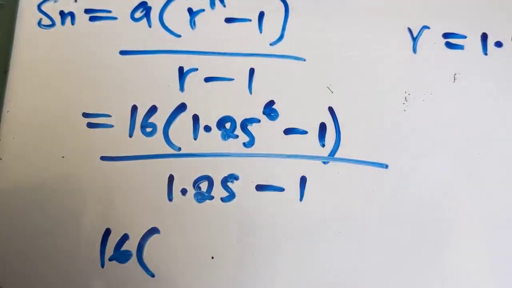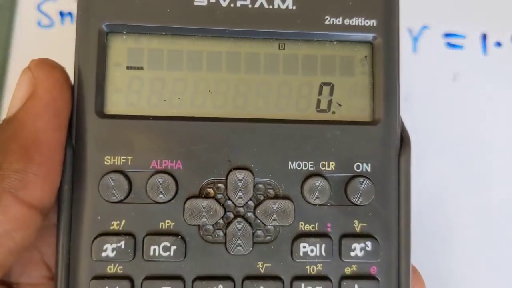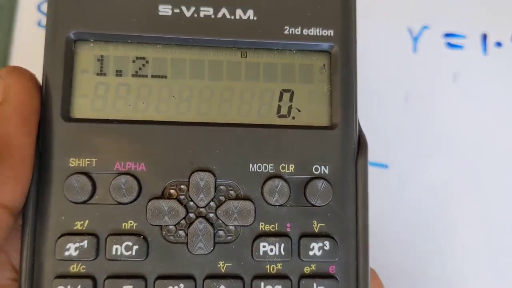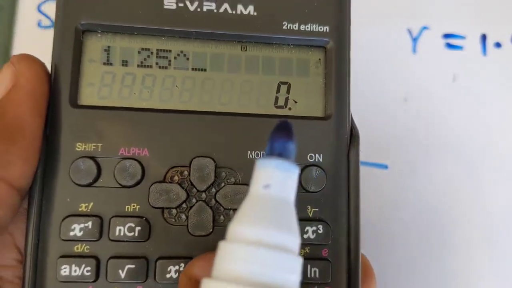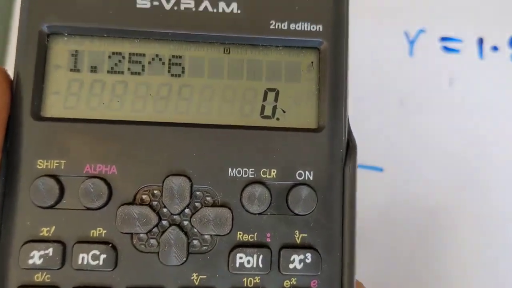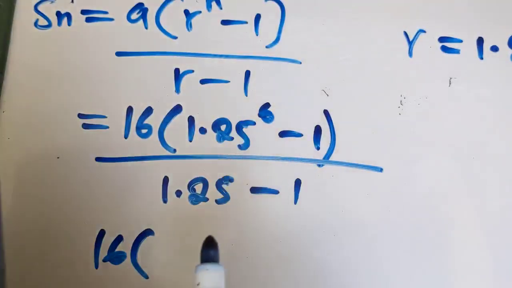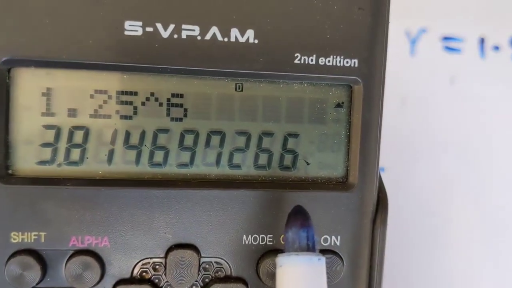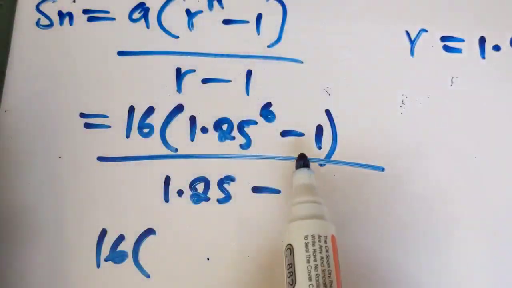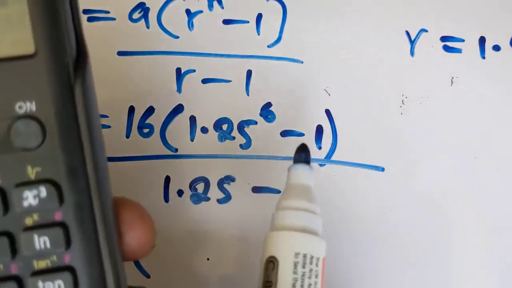You do it on a calculator. 1.25 to the power 6, you're going to have that. This is the answer right there. Now it is saying minus 1, so we should subtract 1 from it.